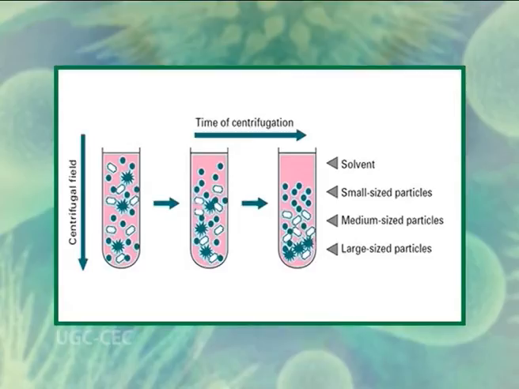Initially, all particles of a homogenate are evenly distributed throughout the centrifuge tube. During centrifugation, they move down the tube at their respective sedimentation rate. The large particles form a pellet on the bottom of the centrifuge tube, leaving smaller sized structures within the supernatant. However, during the initial centrifugation step, smaller particles that are present near the base of the tube also get pelleted, causing a certain degree of contamination.